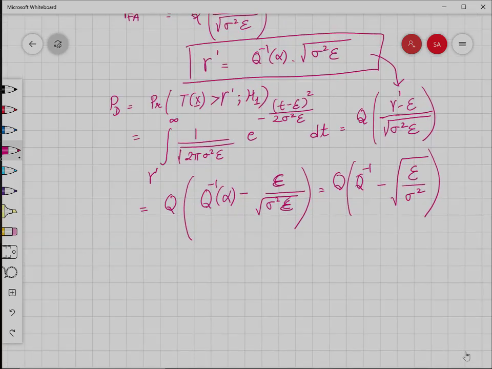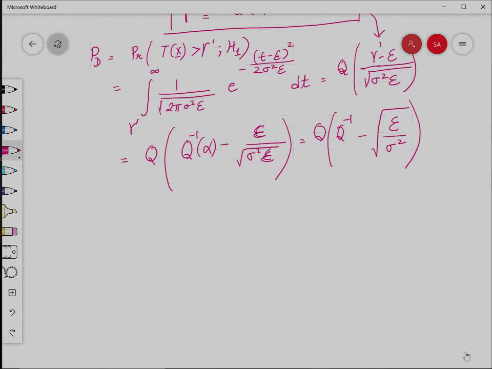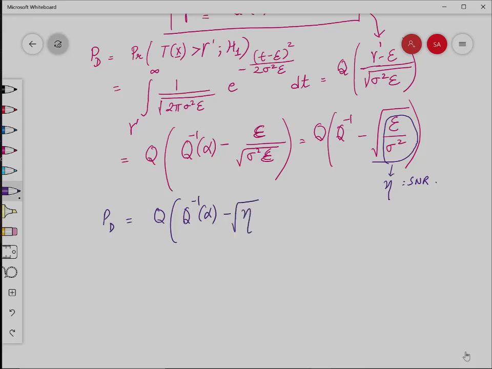Now if you remember from our earlier lecture, this particular quantity is called the SNR. So I can write this PD to be Q of Q inverse of alpha minus square root of SNR.